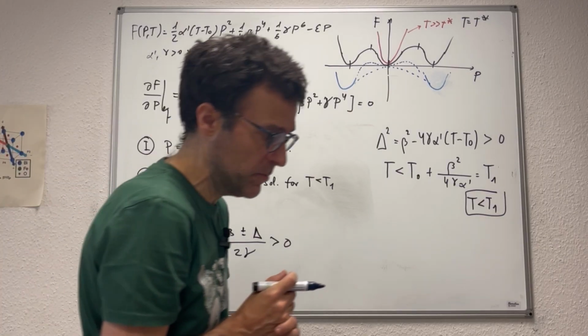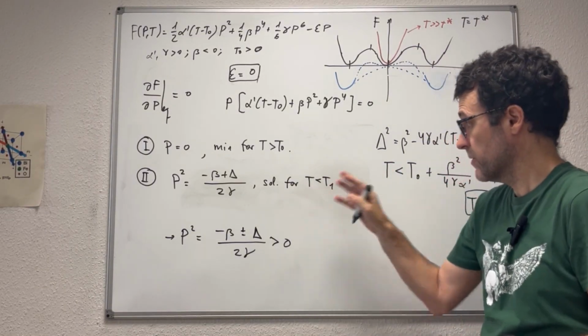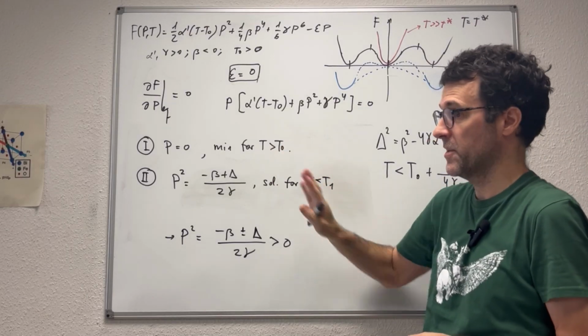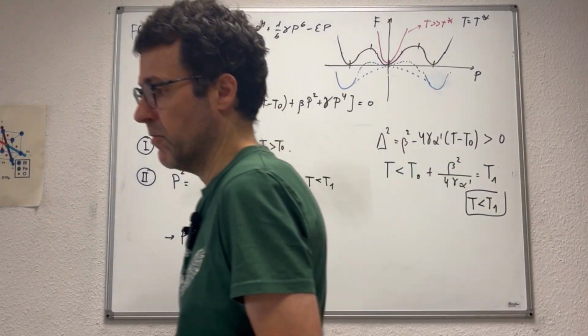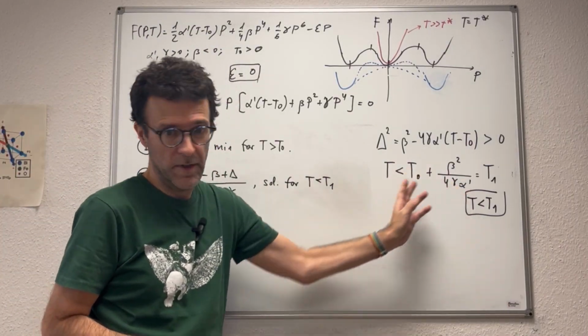We don't know if it is a maximum or a minimum. And it exists at very low temperatures all the way down to 0. So that's interesting. Here we have a solution that dominates at high temperatures. Here we have a solution that in principle exists all the way down to 0, assuming T1 is positive, of course.